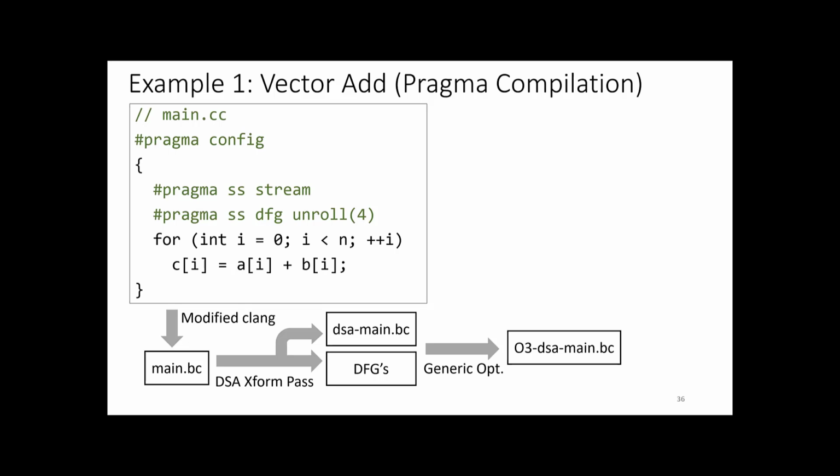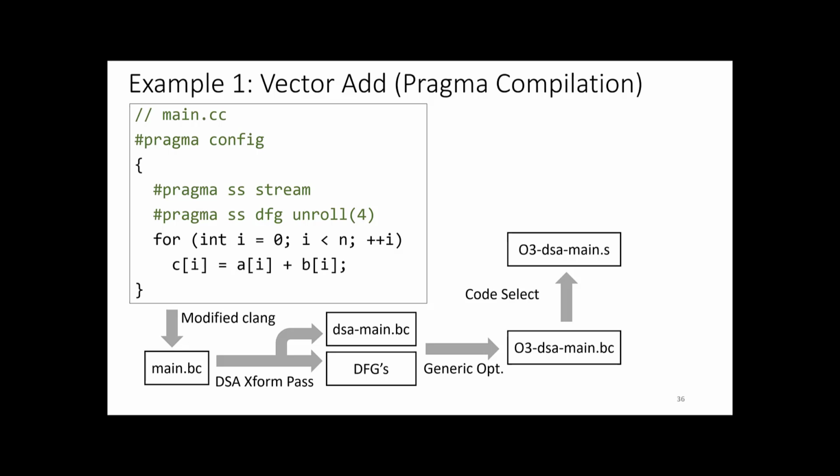Since the rewrite may aggressively modify the original IR body, it causes some IR which should be cleaned up by some generic optimization. So we invoke the O3 optimization to clean it up. After that, this IR is ready for code generation.